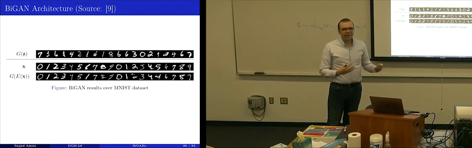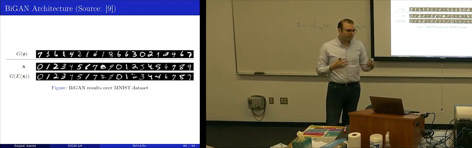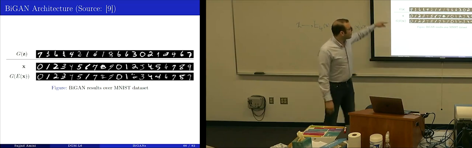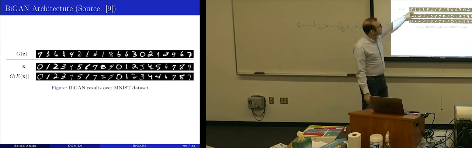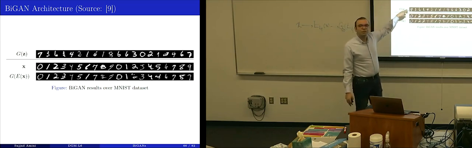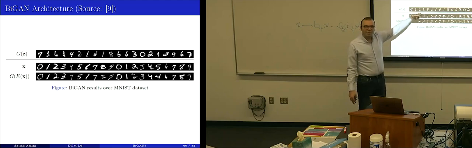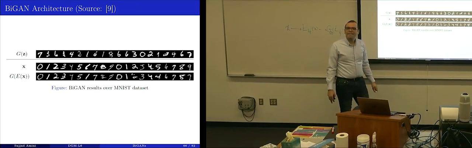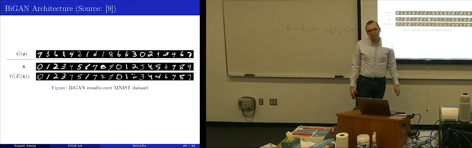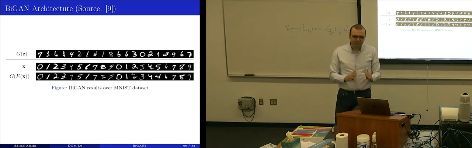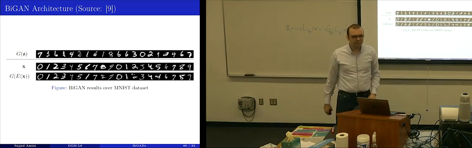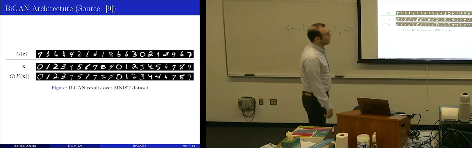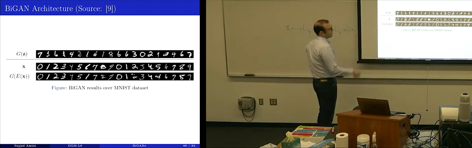I think if you provide them with enough capacity and also data, then you have maybe the same. Because the objective of showing G of z here is that you have your generative model working very well, but also you have E of x. But the GANs are at least the same as BiGANs. Yeah. If you limit, for example, the data, then GAN should work better in generation.